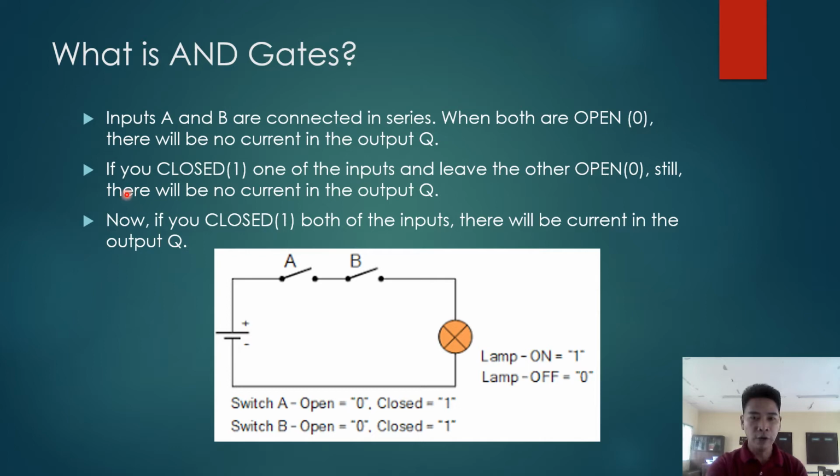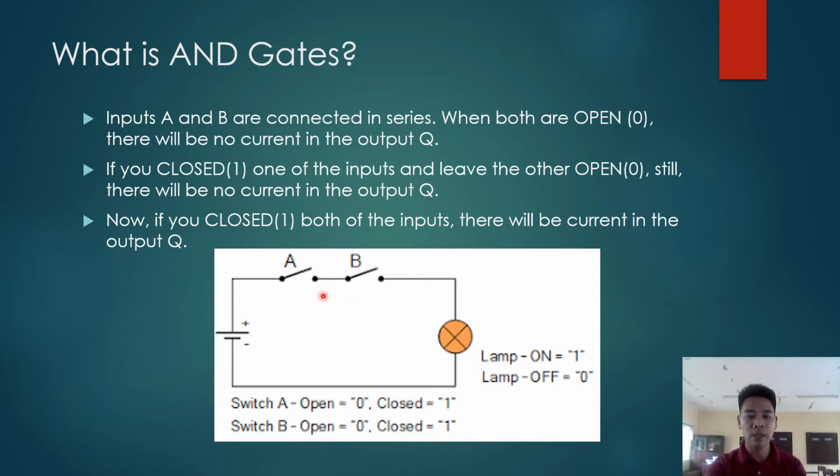Now, if you close one of the inputs and leave the other open, still there will be no current in the output Q. When we press the switch A and leave the switch B open, still there will be no current in this lamp. Now, if we close both of the inputs, there will be current in the output Q. The current will be able to flow through the circuit diagram, and the lamp will be turned on.